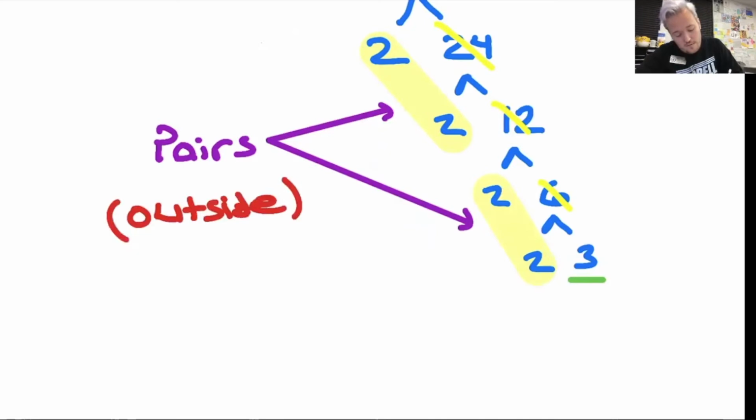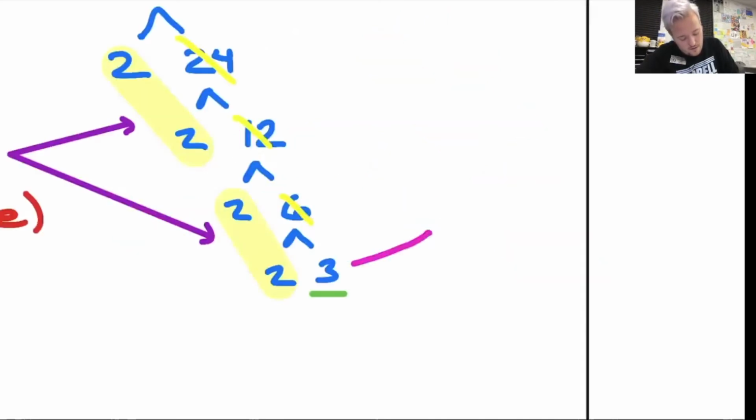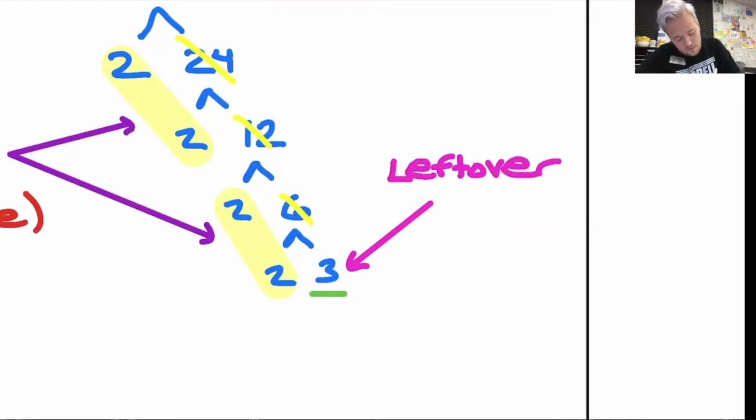And then we have this 3 over here, which is our leftover, and these are going to be written on the inside. When I say inside and outside, I'm talking about the radical.